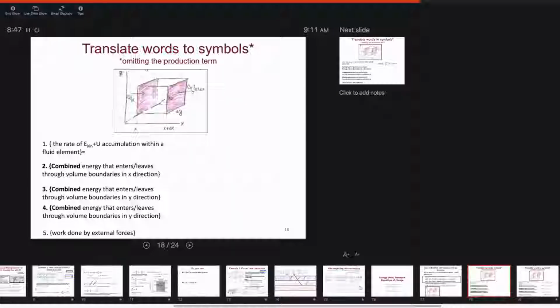So how would I write down the rate of kinetic and internal energy accumulation within fluid elements? So basically my one, based on the balance, is going to be equal to the sum of 2, 3, 4, and 5.